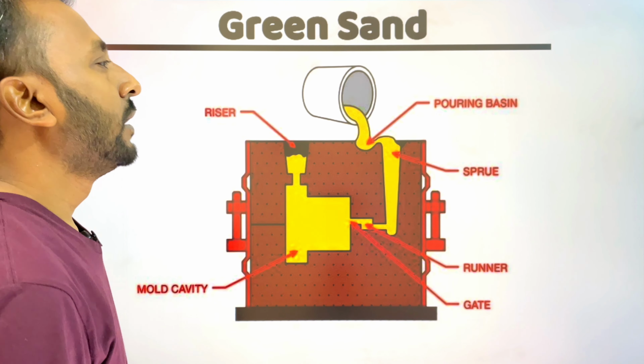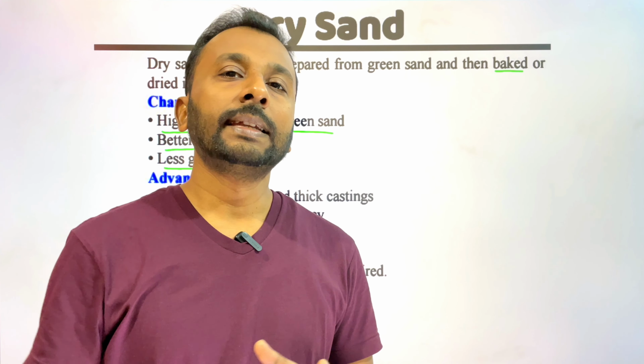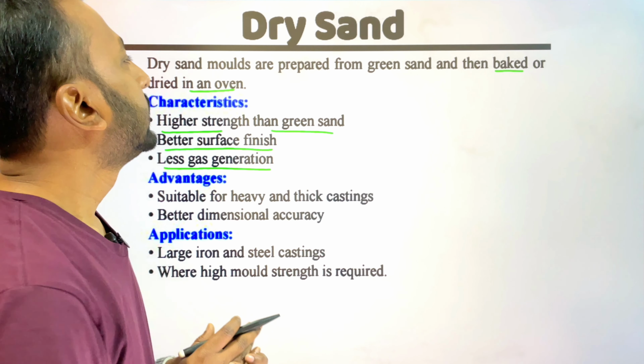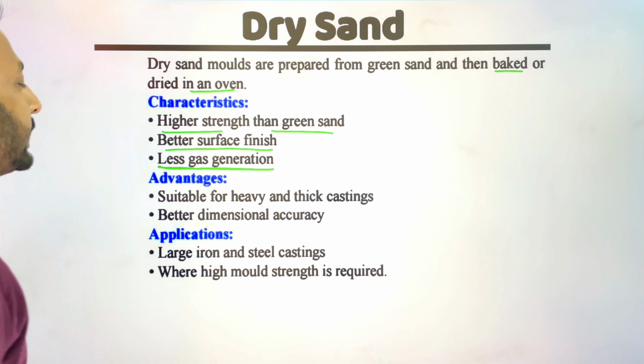It has higher strength than green sand, better surface finish, and also less gas generation. When we are baking the green sand, most of the gases get out from the green sand. Also the moisture content gets near about 0. That's why dry sand generates less gas.